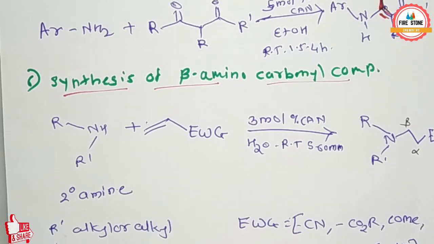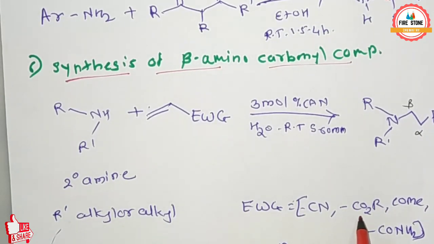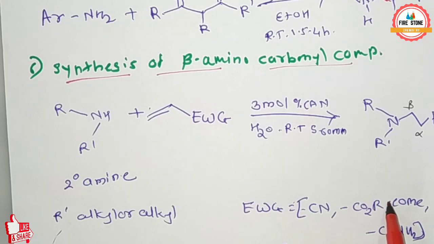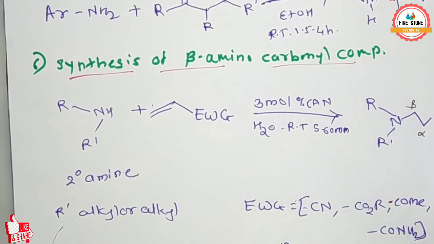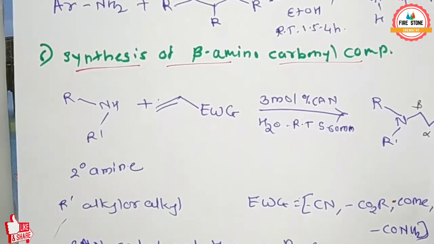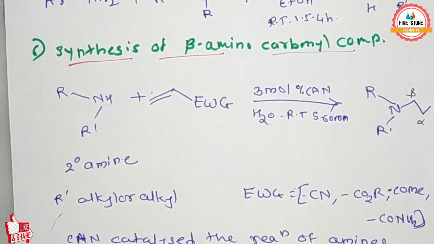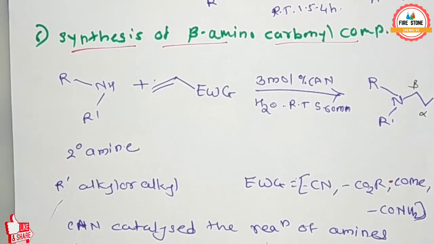The electron withdrawing groups are CN, COR, COMe, CONH2.